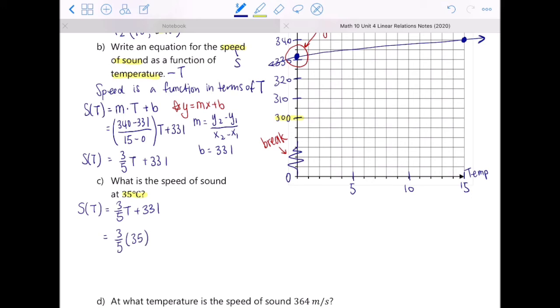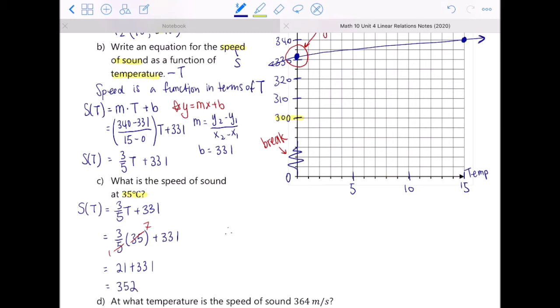We're subbing into t, and we're going to solve for speed at temperature equals 35. So this just turns out to be, actually here, I'll do it by canceling, so 7 and 1. So we get 21 plus 331. At the end, we get 352.